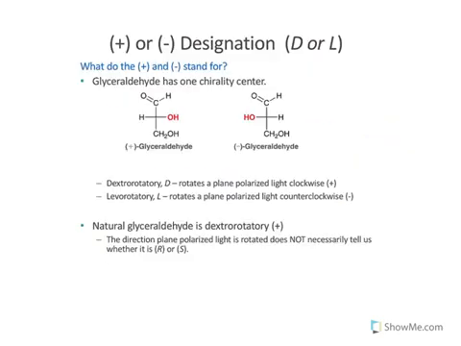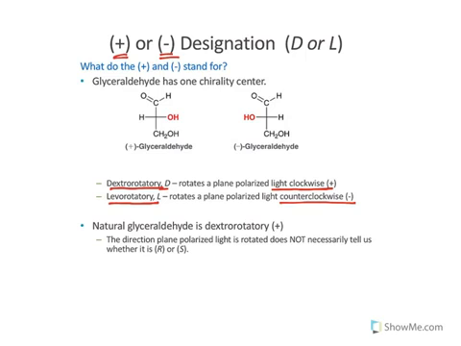Another designation that we use is called the plus or the minus, and this depends on whether the molecule rotates plane polarized light in the clockwise direction or in the counterclockwise direction. When it does it in the clockwise, we call that dextrorotatory. When it does it in the counterclockwise, we call that levorotatory.